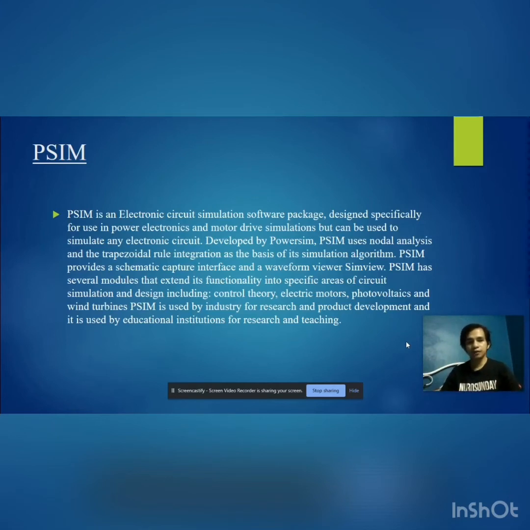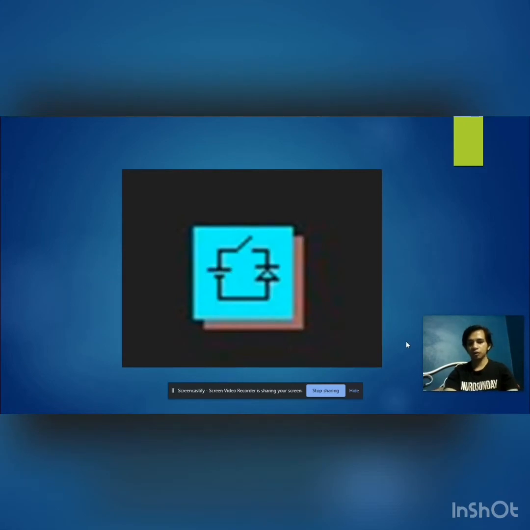PSIM has several modules that extend its functionality into specific areas of circuit simulation and design, including control theory, electric motors, photovoltaics and wind turbines. PSIM is used by industry for research and product development, and it is used by educational institutions for research and teaching. This is the icon of the PSIM software.